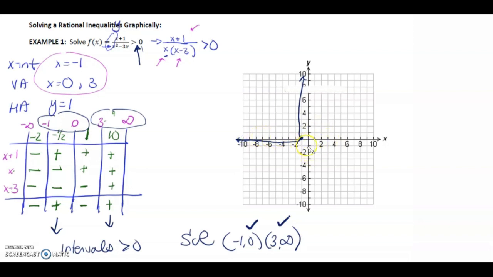And then we have this one, and this is just a rough sketch. And then we have this one here. Oh, my mistake. Horizontal asymptote is 0, because we have exponent 1 in the numerator and exponent 2 in the denominator. And then we have x equals 0 and x equals 3.